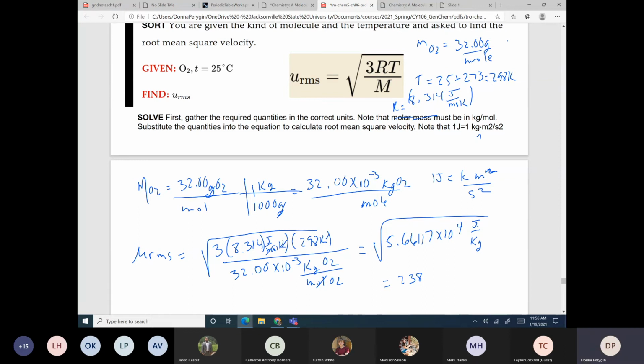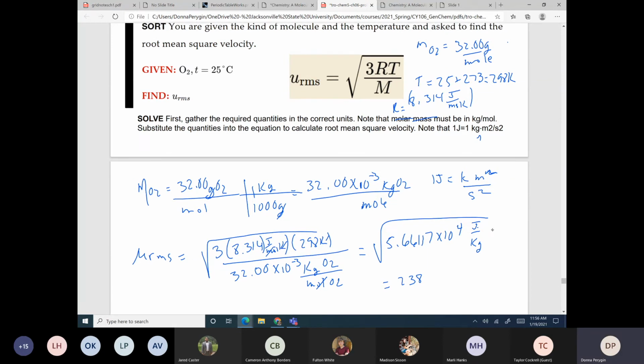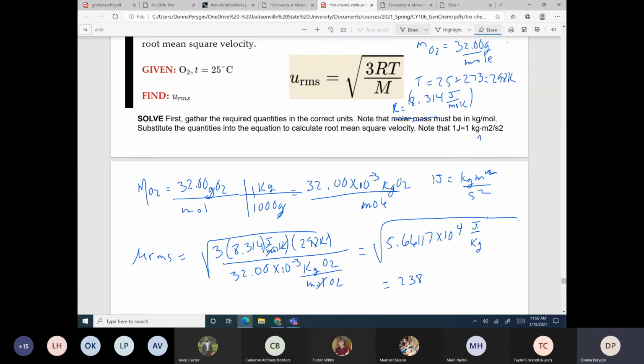All right, and so if we convert that, a joule is a kilogram meter squared per second squared. So let's erase that and plug that in. Kilogram meter squared per second squared. So kilograms cancels.